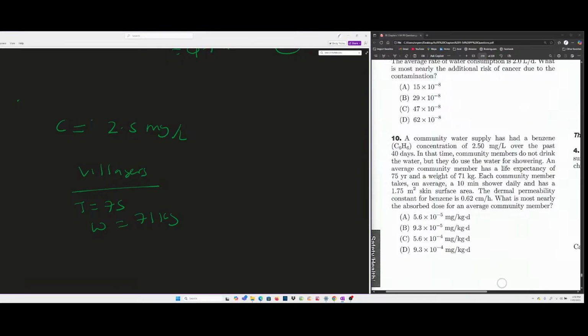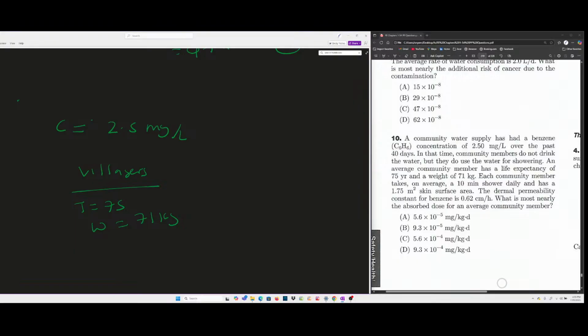Each community member takes an average 10-minute shower daily and has a skin surface area of 1.75 square meters. The dermal permeability constant of benzene is 0.62 centimeters per hour. So this is the villagers' information. I don't see any slope factor, so we're looking for the absorbed dosage.